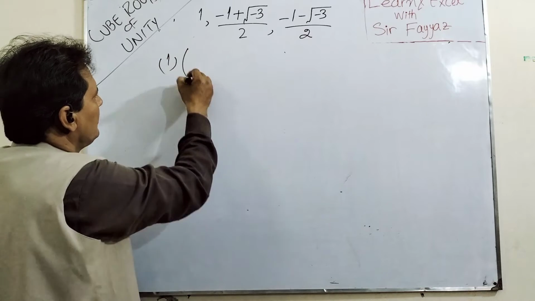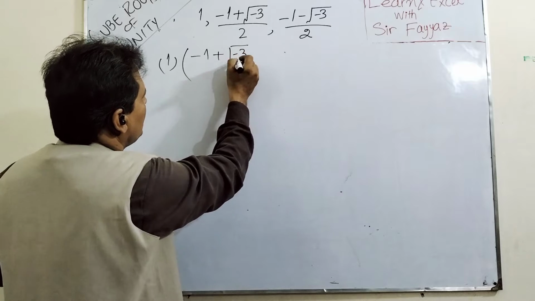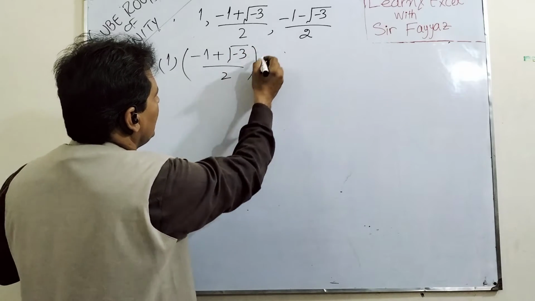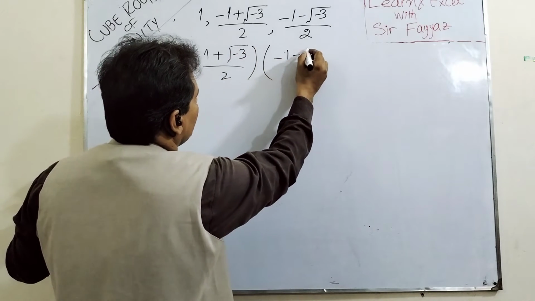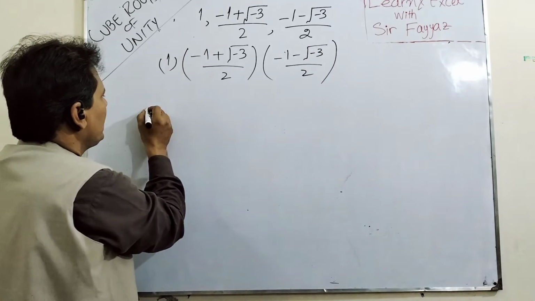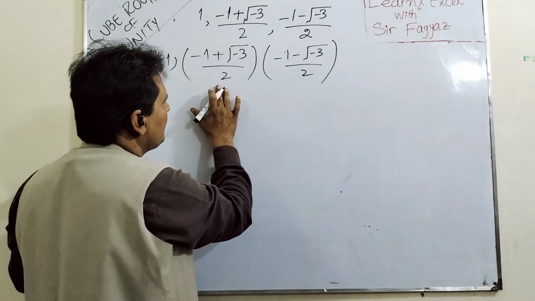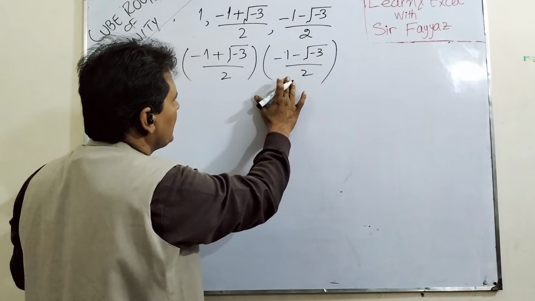First one into (minus 1 plus square root minus 3) over 2 times (minus 1 minus square root minus 3) over 2. We are taking the product of the three cube roots of unity: 1, the second one is a complex one, the third one is also a complex one.